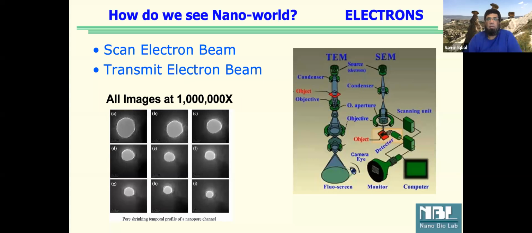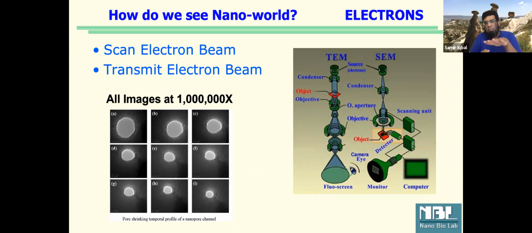The other way is, if you have a very thin material, a very thin sheet, we can throw a high energy beam of electrons and they can transmit through. On the other side, we can measure the electrons once they change the medium and bounce off the atoms of that thin layer material.